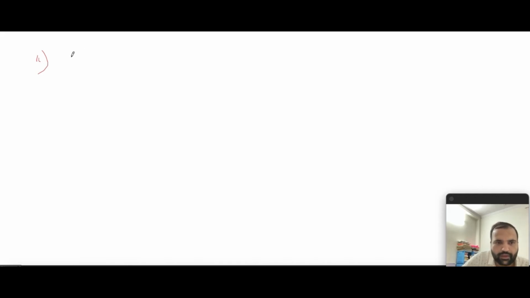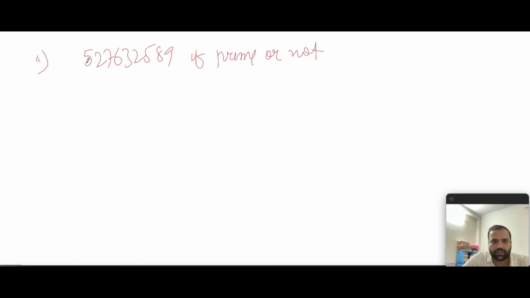Let's say there's a number, for example, 527632589, whatever these numbers are. Now we need to check if it is prime or not. So what we can do is add up the sum of the digits.